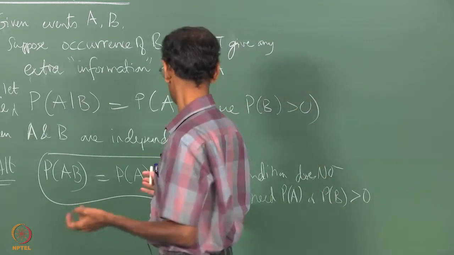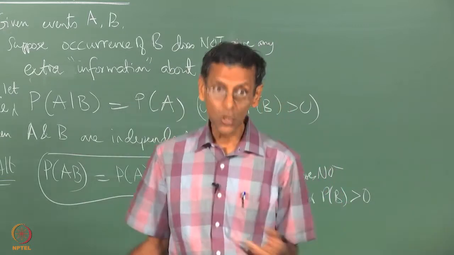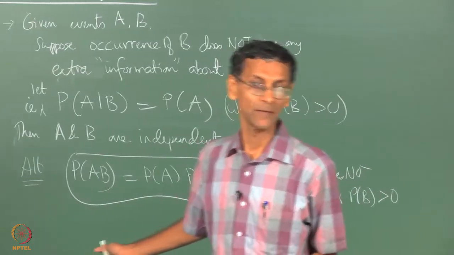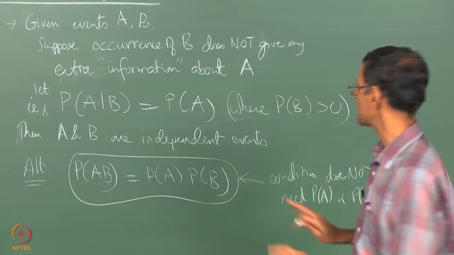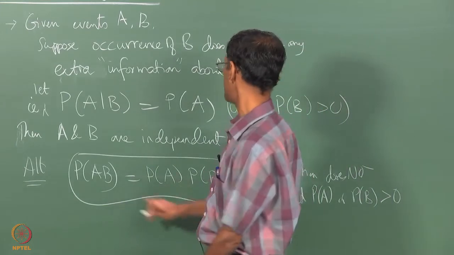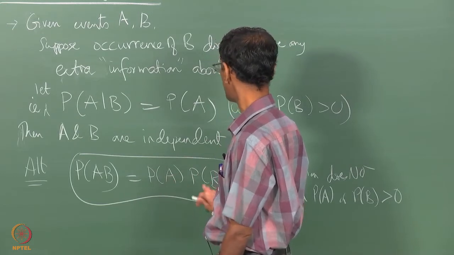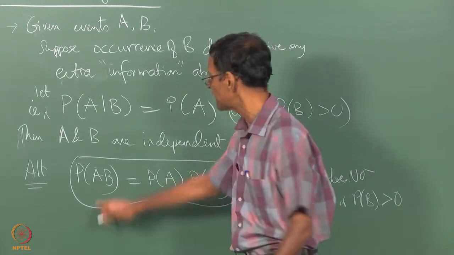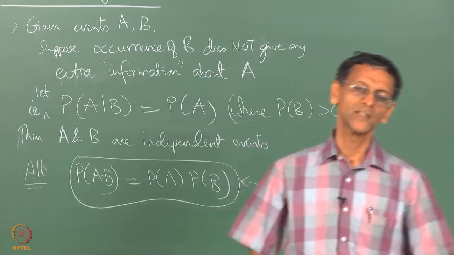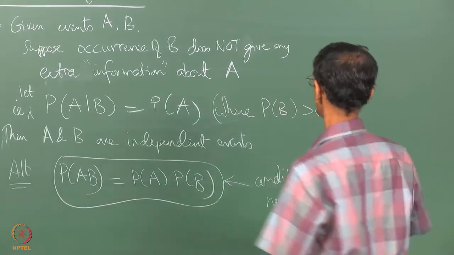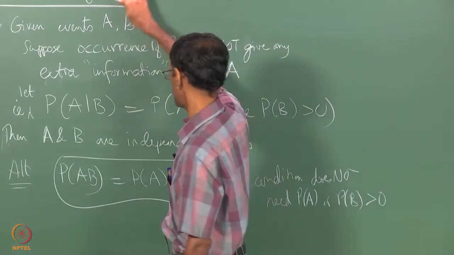Or if A or B is omega, then also this equation is satisfied. But those are extreme cases. In general, P of A is between 0 and 1, P of B also, and P of AB again between 0 and 1, such that P of AB becomes the product.